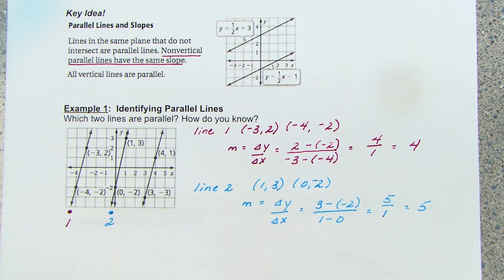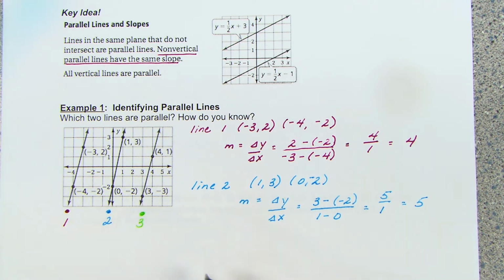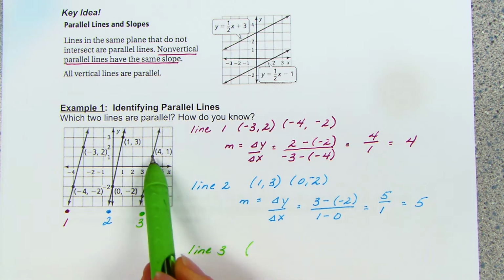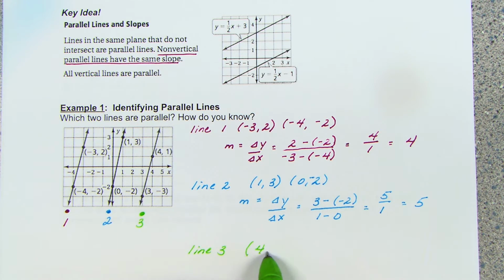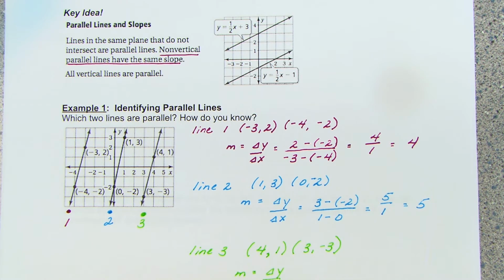Right. Let's go to line 3. All right, let's see, the points are 4, 1, and 3, negative 3. Slope is the change in the y value over the change in the x value.